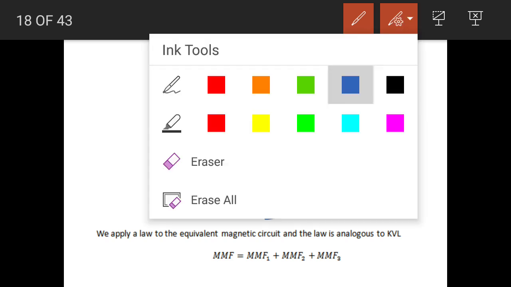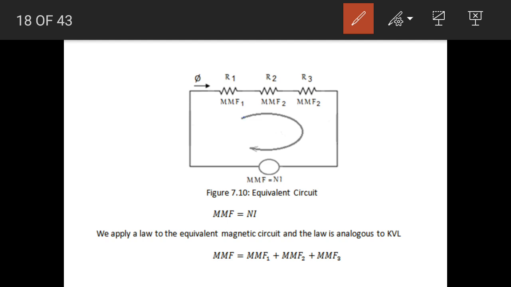Now what we do, we apply a law to this loop, which is analogous to KVL. We cannot apply KVL to this particular loop. This is why we use the word analogous.